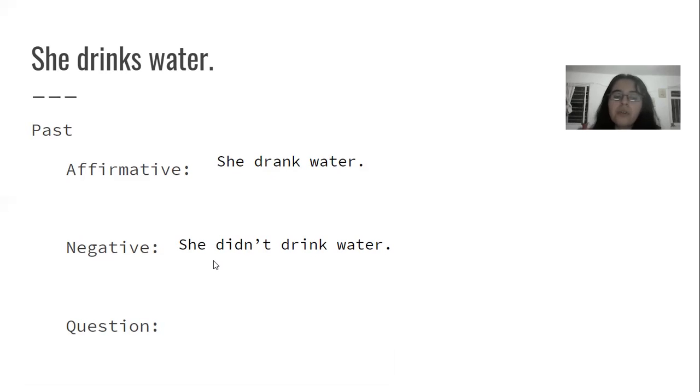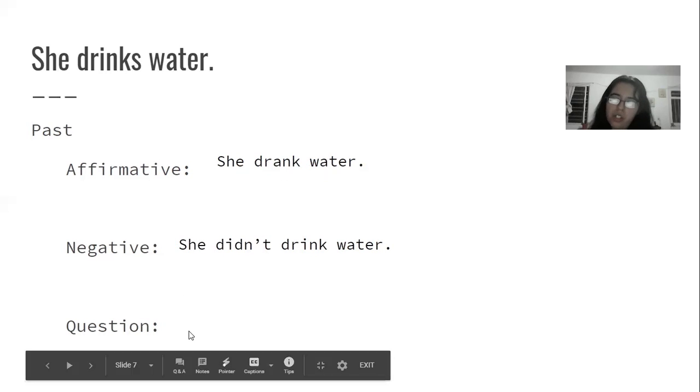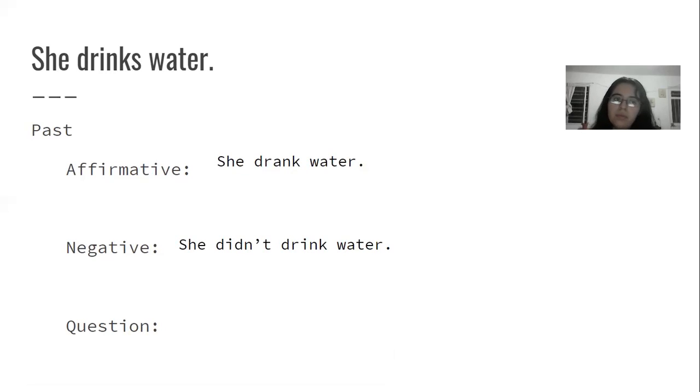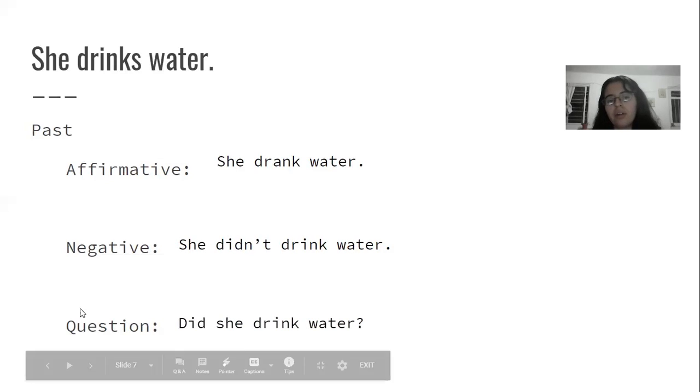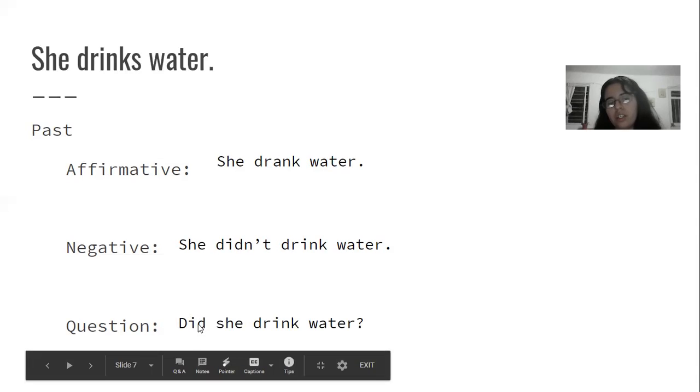And how do we make it into a question? So the question would be, did she drink water? Here we start with the auxiliary did, then she, the subject, then the verb, and the complement.